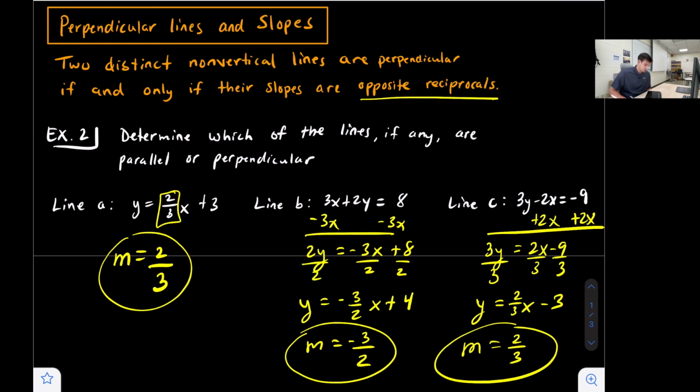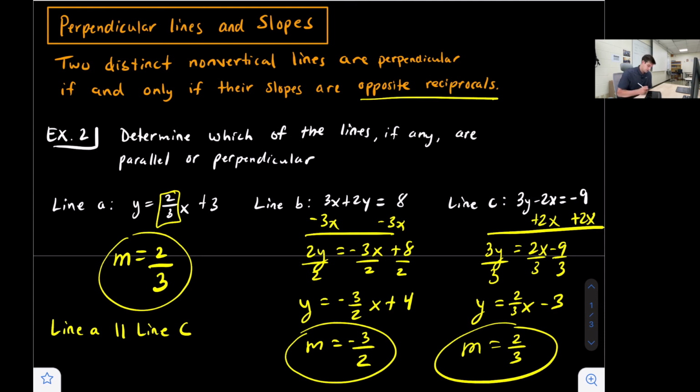It says determine which of the lines, if any, are parallel or perpendicular. If we notice, line A and line C have the same slope. So we could say line A is parallel to line C. Those 2 lines there mean parallel. And then line B's slope, -3/2, is the opposite reciprocal.